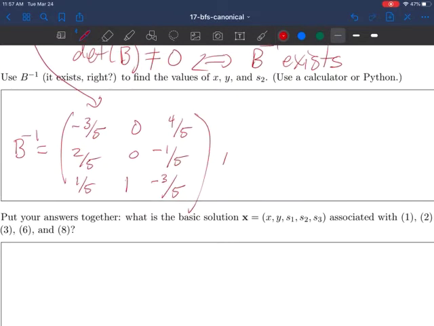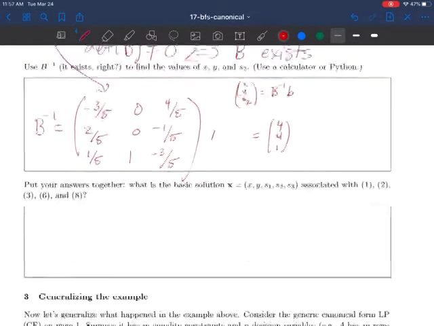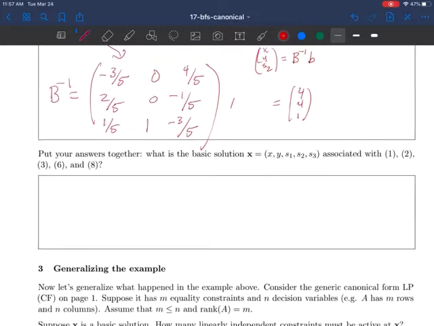And the solution to that system of linear equations is that x, y, s2 equals B inverse times b. So in this case, what that B inverse times b is equal to is 4, 4, 1.